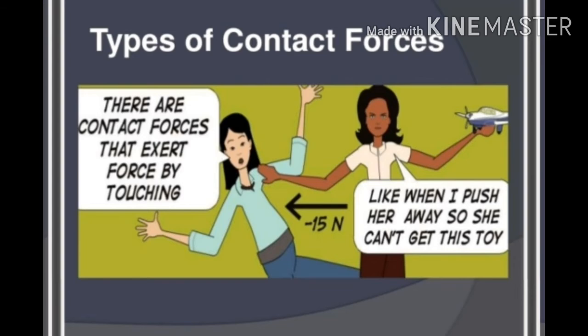There are contact forces that exert force by touching. For example, in the pic, when the girl pushes the second girl away, the second girl can't get the toy. So here the contact between the two girls is a must.